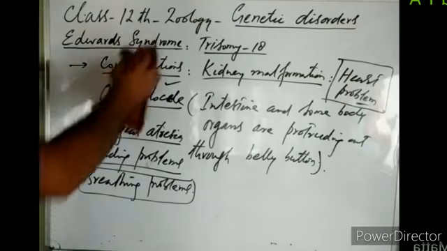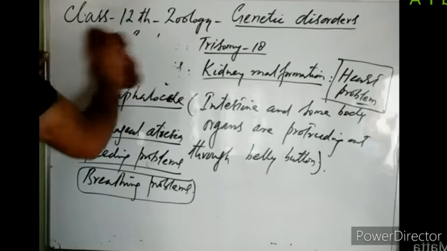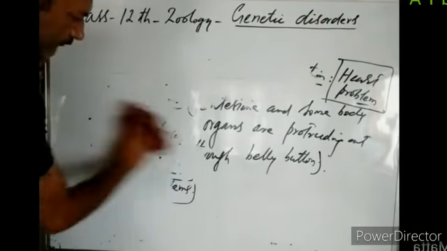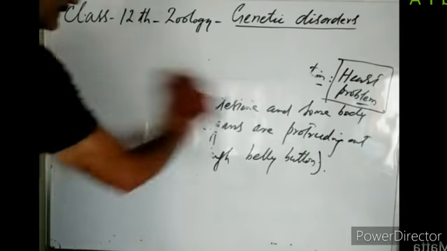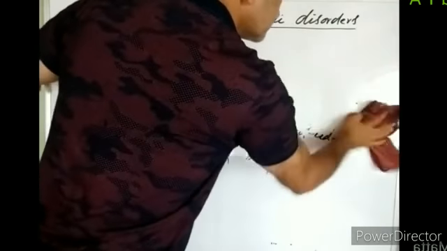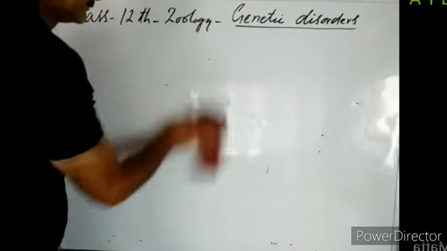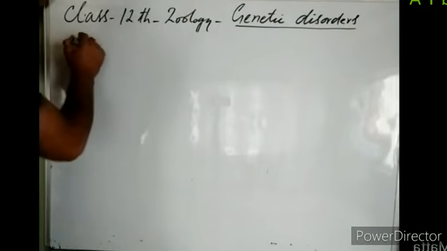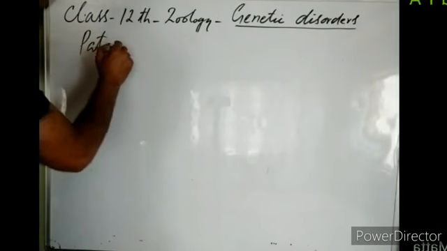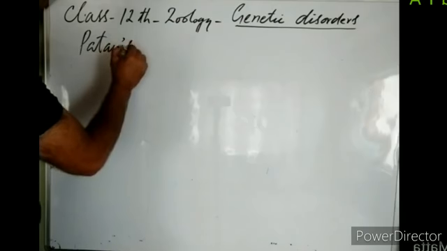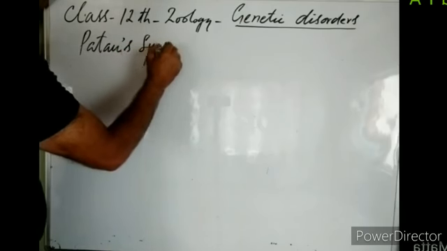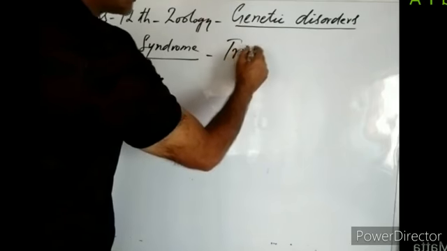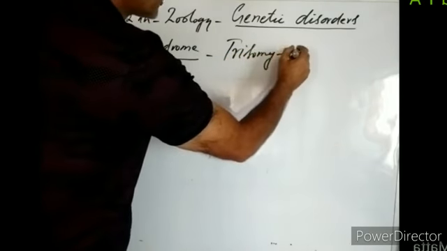After Edwards syndrome, we are going to discuss another trisomy, that is known as trisomy 13. That is known as Patau syndrome, or it is also known as trisomy 13.